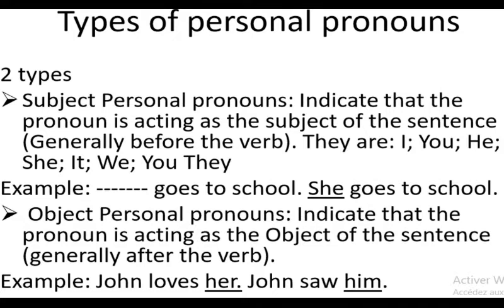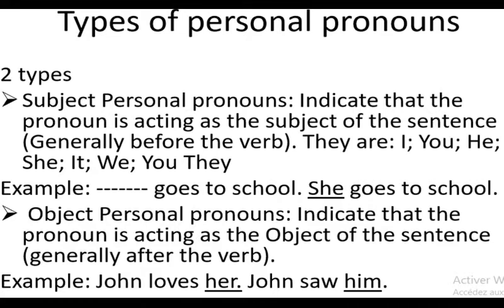As for object personal pronouns, they indicate that the pronoun is acting as the object of the sentence. So generally, they sit after the verb. For example, John loves her. John saw him. Here, her and him are the objects.